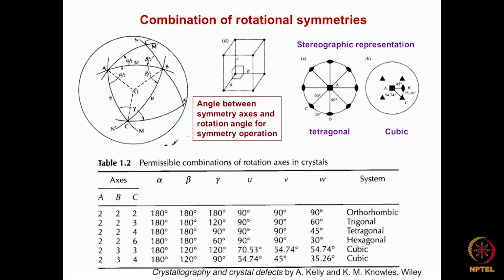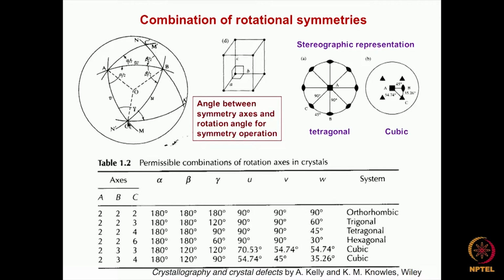Now, can we have a combination of these, of just the rotation axes? Suppose I take a 3-dimensional lattice, for example an orthorhombic structure. Along each of these axes, we can have a 2-fold rotation.